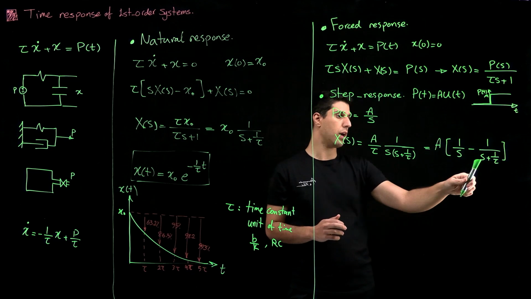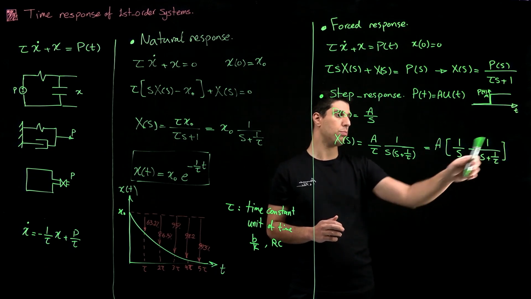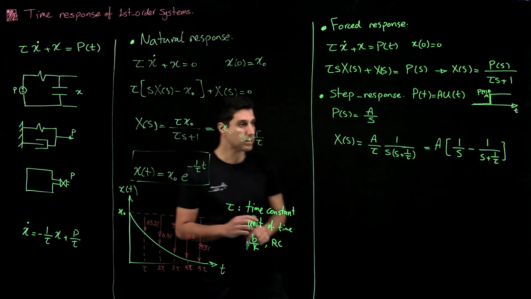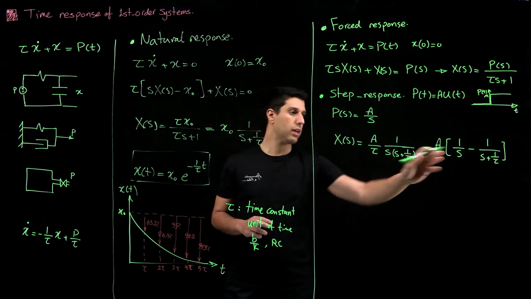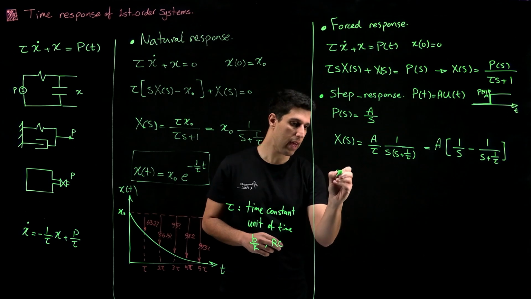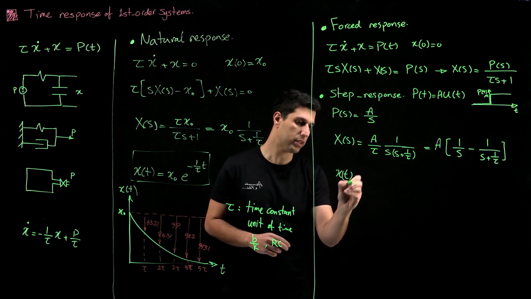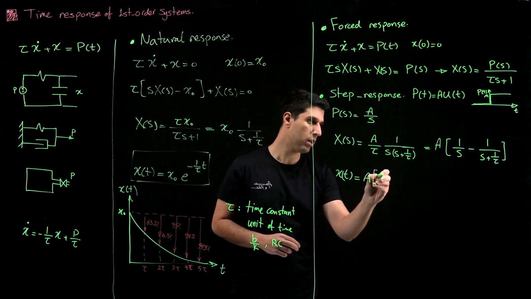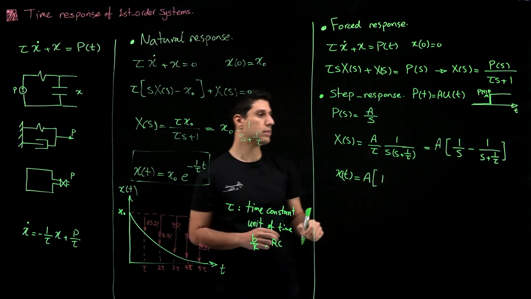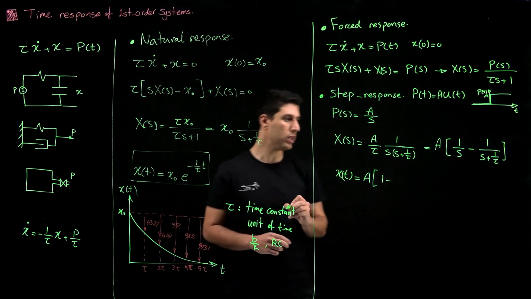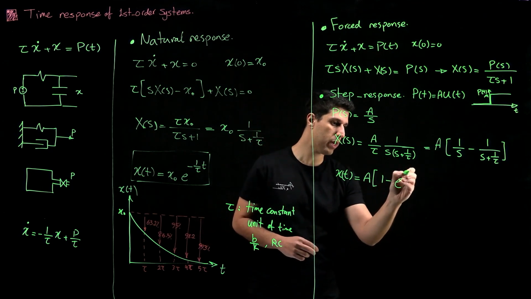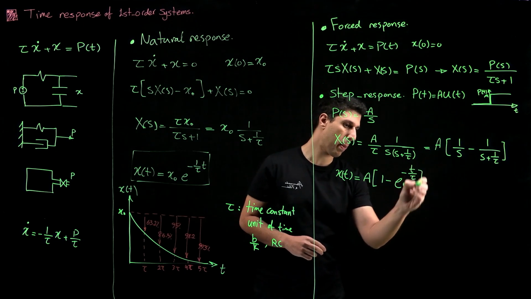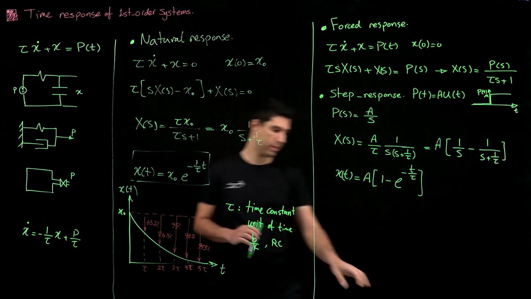On the top we have s plus 1 over tau minus s, so 1 over tau comes here. Taking the Laplace inverse of that, x of t is a constant value, 1 over s is 1, minus e to the minus t over tau.